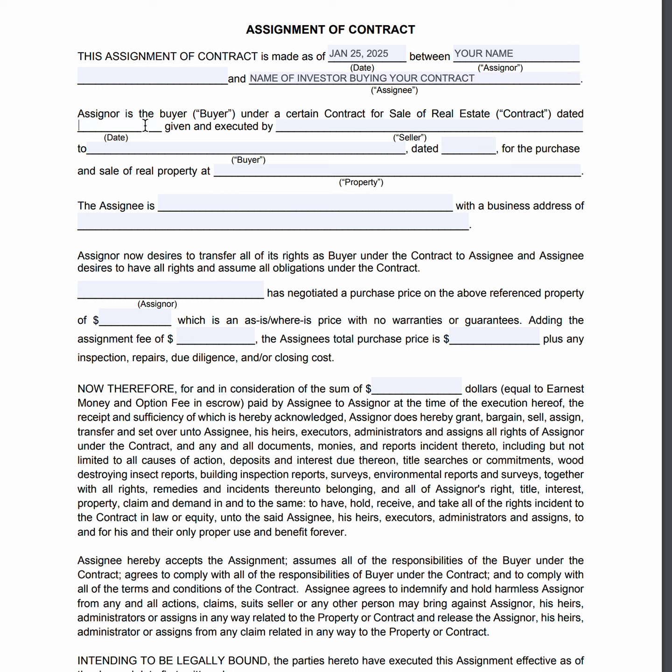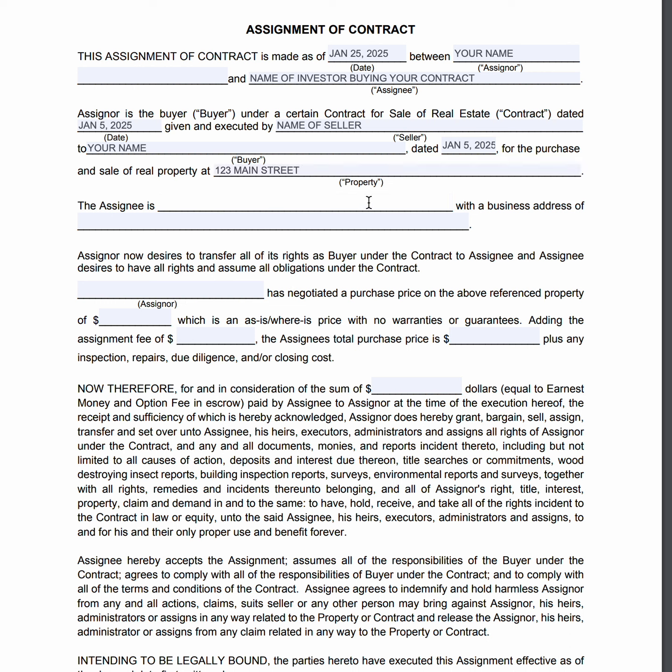Okay, assignor is the buyer under a certain contract for sale of real estate dated, remember you did this back on January 5th in this example, given and executed by, this is the name of the seller, to, okay, the buyer, you, your name, dated, it was dated on January 25th, sale of the real property, 123 Main Street.